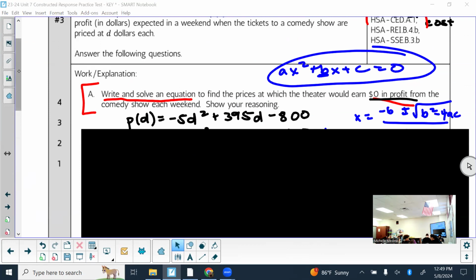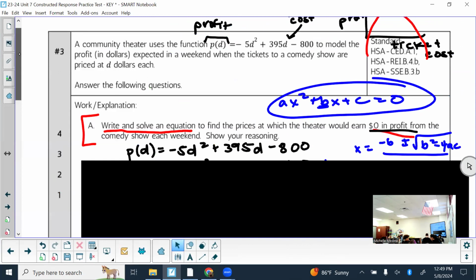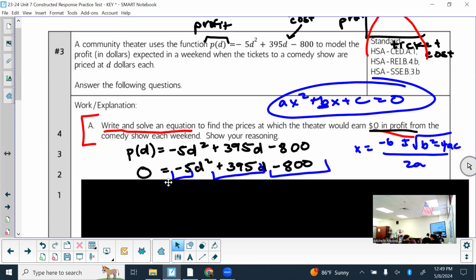So compare that to when we did part B, where we talked about ticket price and profit. If I want to know at what price the profit would be 0, where do I need to plug in that 0? The profit area, not just where the D is. That whole output, you want to know when that's 0.